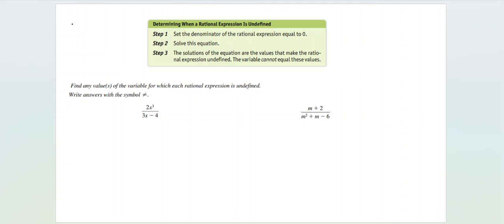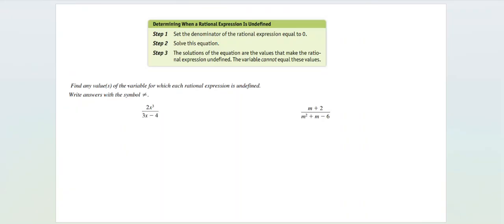We will then solve this equation, and the solutions of the equation are the values that make the rational expression undefined. So the variable cannot be equal to these values that we found after solving the equation.